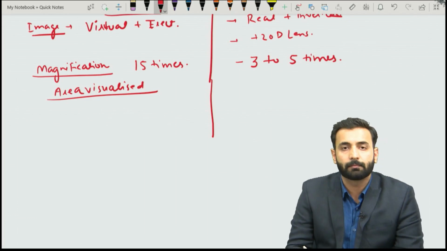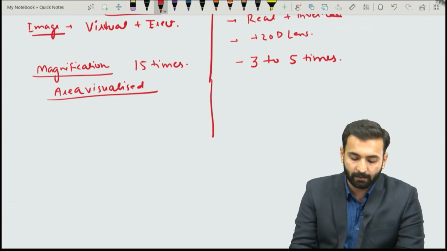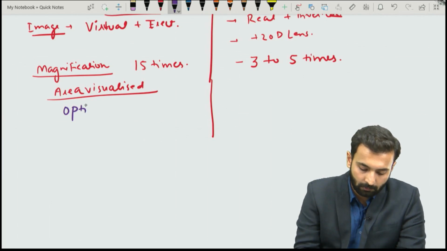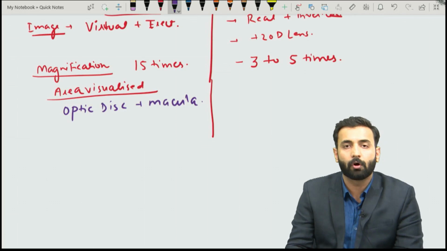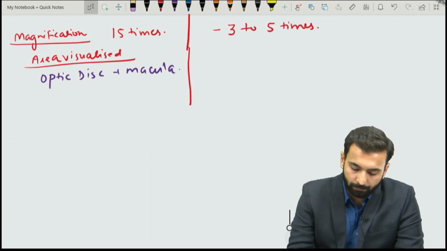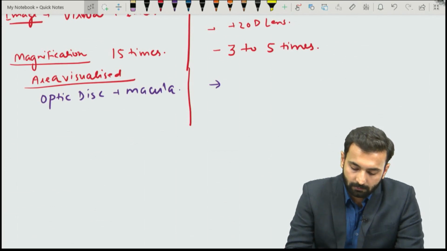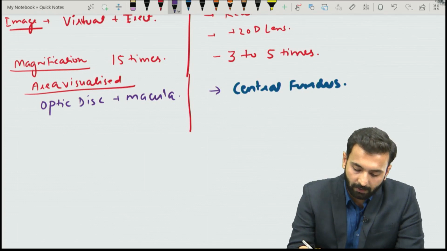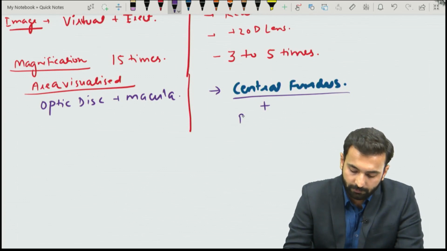The area visualized by direct ophthalmoscopy is mainly the central fundus, which constitutes the optic disc plus macula. No view of the peripheral fundus is seen in direct ophthalmoscopy. Whereas in indirect ophthalmoscopy, apart from the central fundus, you can also visualize the periphery of the fundus.